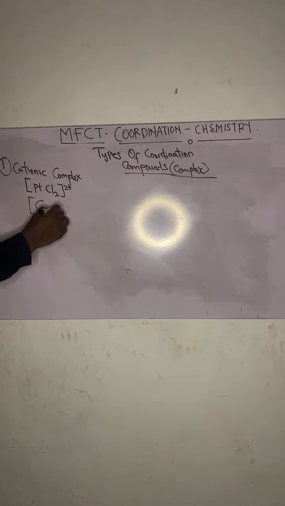Let's say you have this particular compound, Co(NH3)Cl2. Look at this particular compound. They ask you what type of complex is this? You are going to check whether this complex compound has a counter ion.